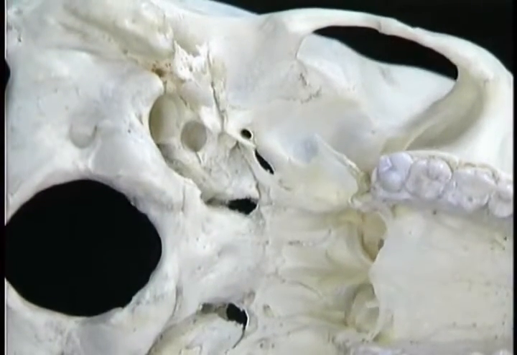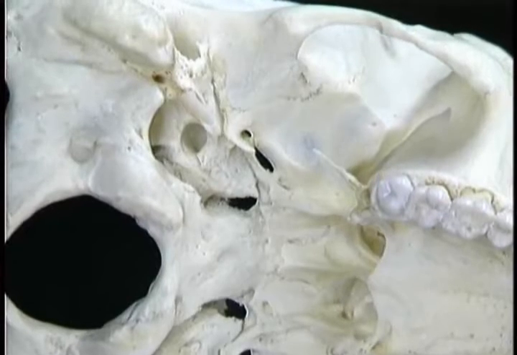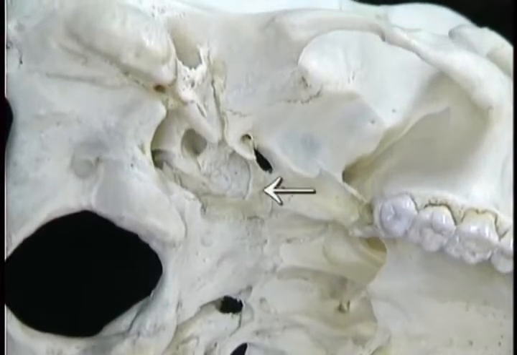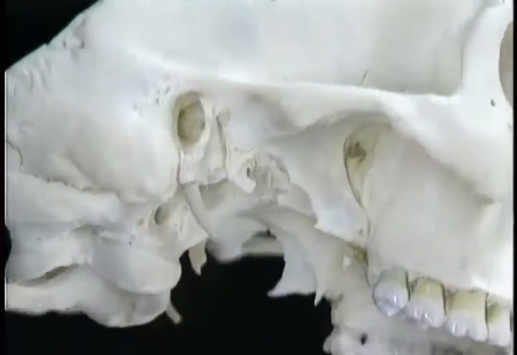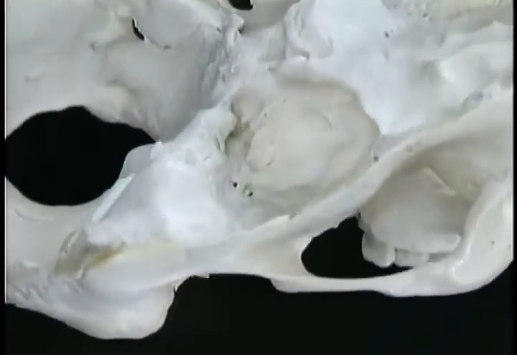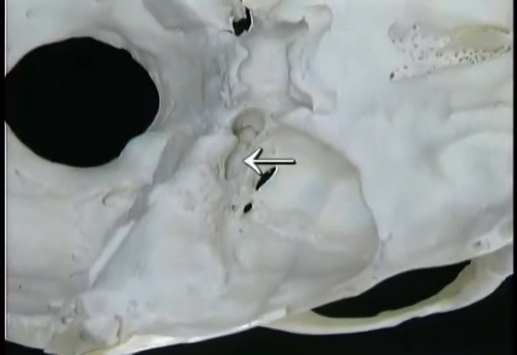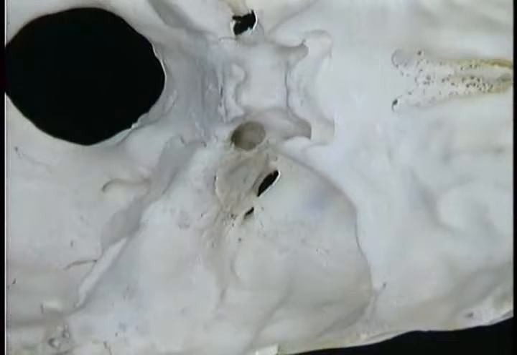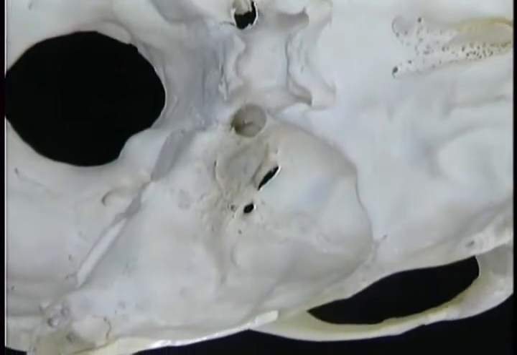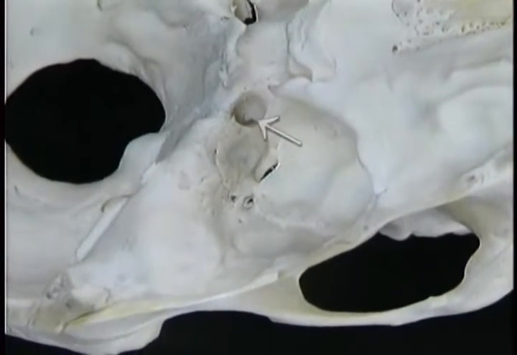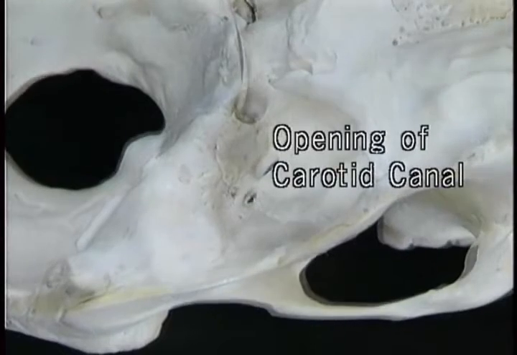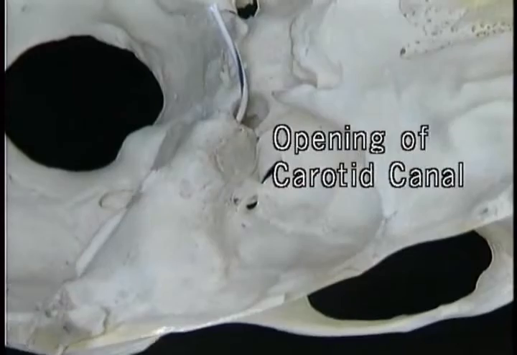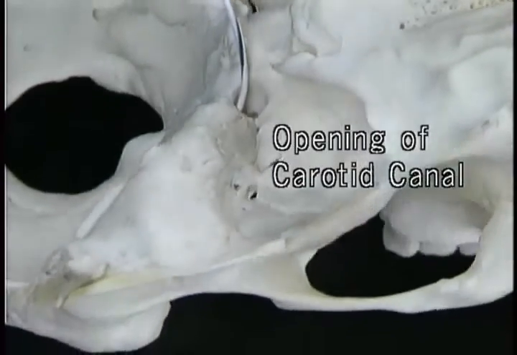In the living body, the apparent opening on the underside is filled in with dense cartilage and fibrous tissue, represented by this material. Fibrous tissue also fills in this ragged part of the internal bony opening. What's left of the foramen lacerum is a clean-cut opening through which the internal carotid artery emerges from its obliquely running bony tunnel, the carotid canal.